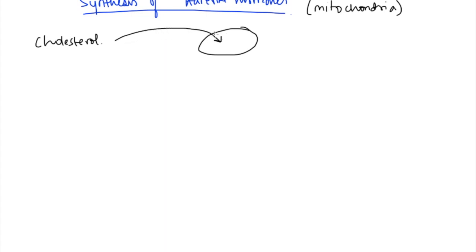There's a channel here, there is a protein there. It's called the StAR protein. That protein is essential for the uptake of the cholesterol from outside to the inside of the mitochondria. This is very important. It's a rate limiting step.